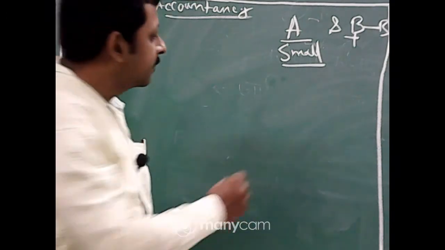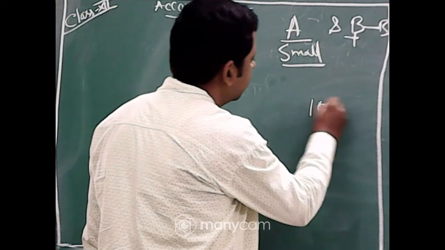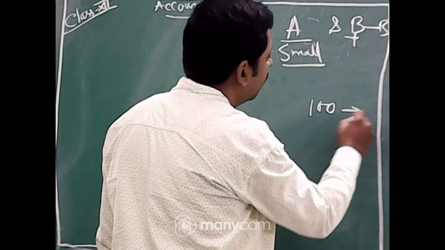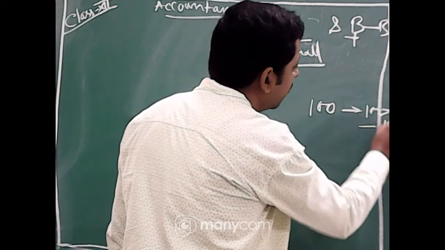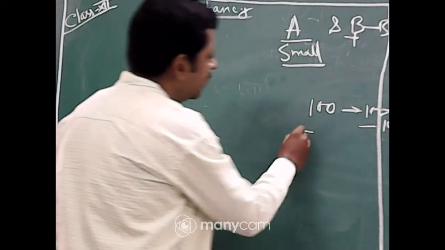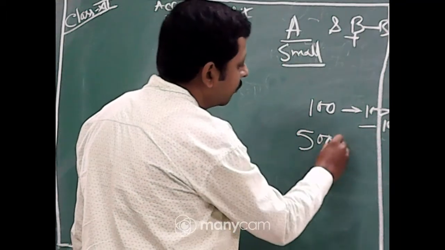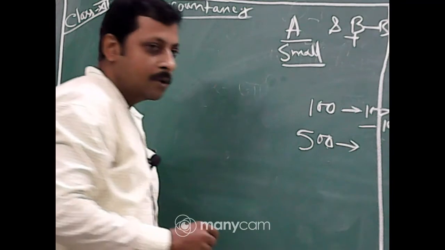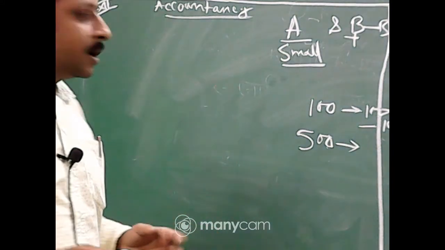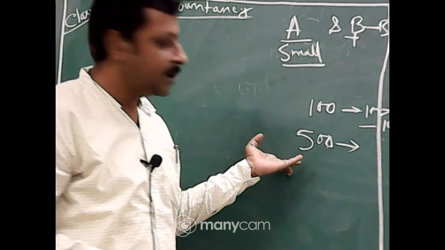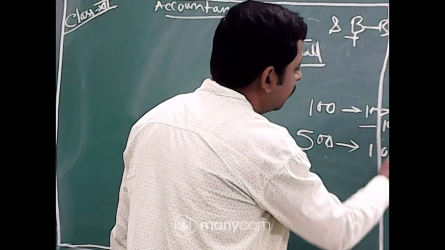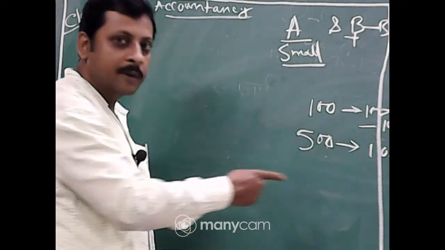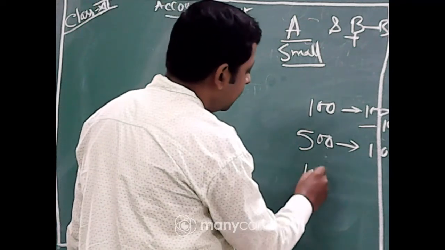Base is the same means, suppose you have got 100 marks out of a total of 100, then the percentage will be 100%. If you get 500 out of 500, then it will be 100%, not 500%.